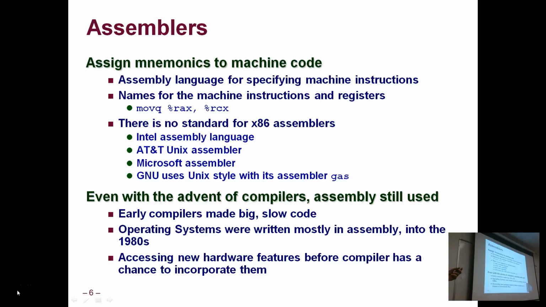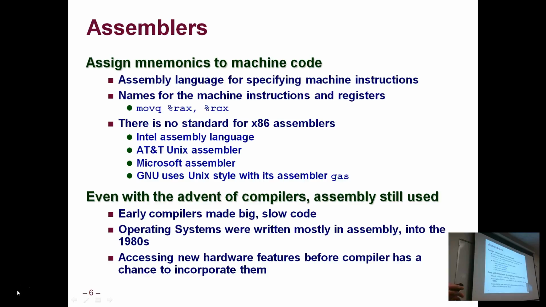When you go back and forth, the source and destination operands are the opposite. Sorry, there's nothing I can do about that. So moving RAX to RCX, this is source, destination. In this class, source is on the left, destination is on the right. So yeah, burn that in. That's what the AT&T syntax is.